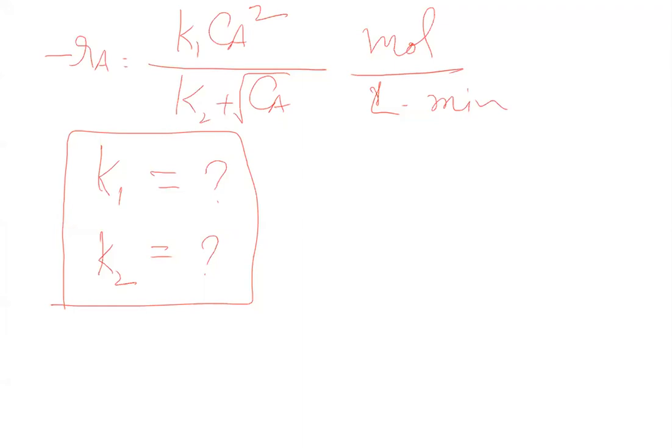So if the rate units are minus RA equal to K1 CA square by K2 plus root CA mole per liter minute, what is the units of K1 K2?